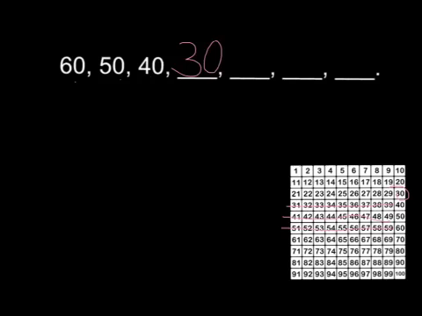It ends with 0 each time. But then this number is getting smaller by 1 each time. So this must be 20, then 10, and then 0. So this one is skip counting in tens, but this time it's going backwards because the numbers are getting smaller and we're going backwards up the number board.